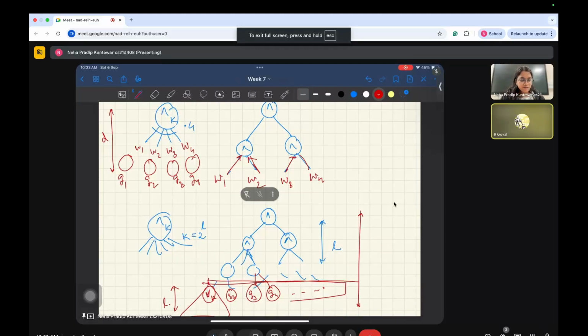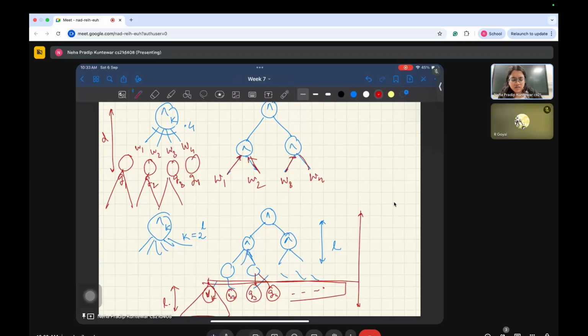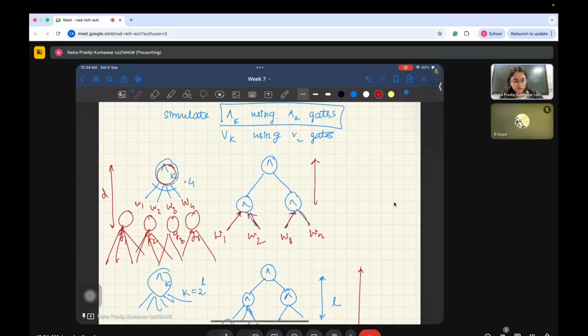But we're doing this every time, no? Let's say this were a depth 3 circuit initially, an unbounded fan-in one. For the first gate, we increased by a factor of l.